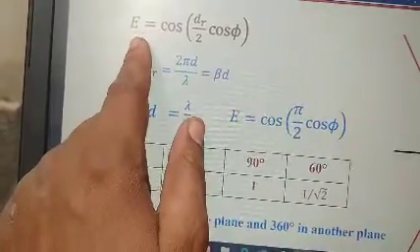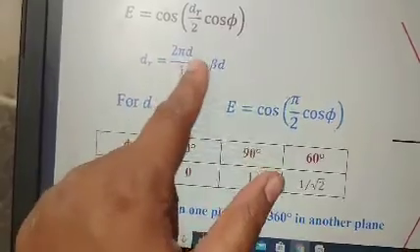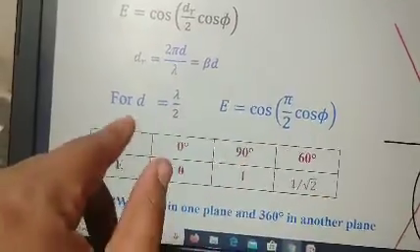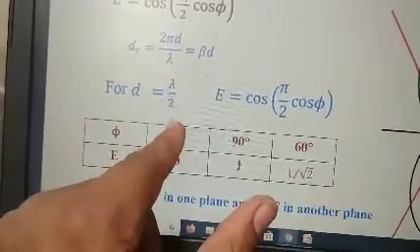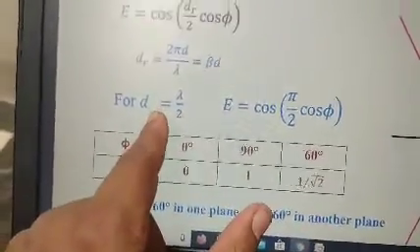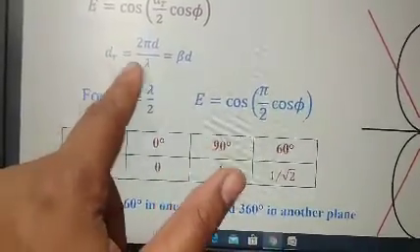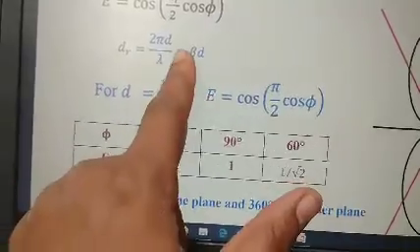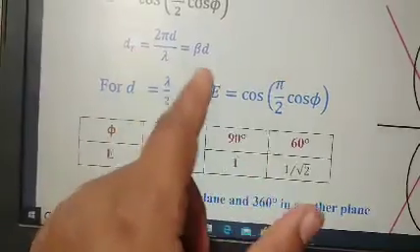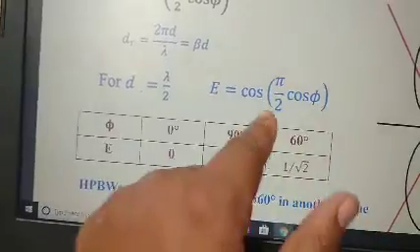Then we substitute d equal to lambda by 2 in this equation: psi is 2 pi times lambda by 2 over lambda, so lambda cancels, the 2 cancels, leaving pi. Then E is equal to cos of pi by 2 cos phi. This is the equation.